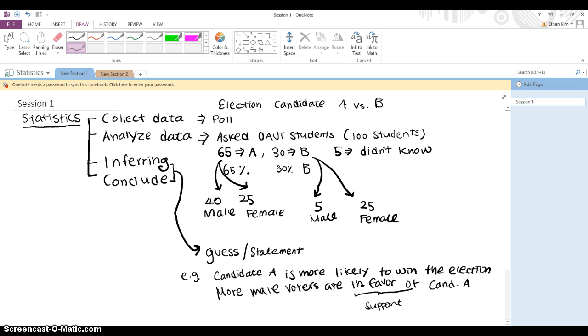Right? That's true because we said that 40 people out of these 65 were male, whereas here 5 people out of 30 people were male, right? So we can make these statements, and that's how we make this data useful, meaningful to us.